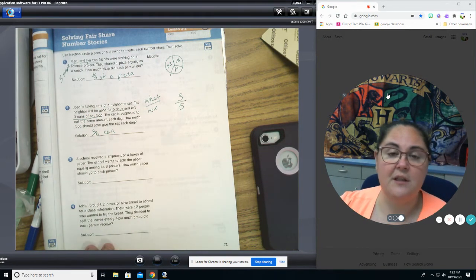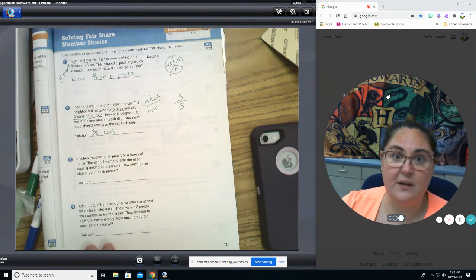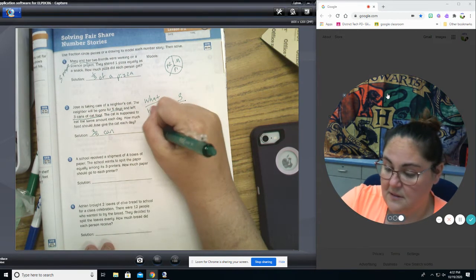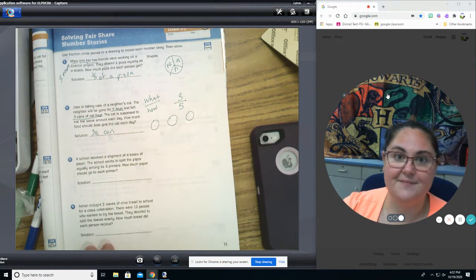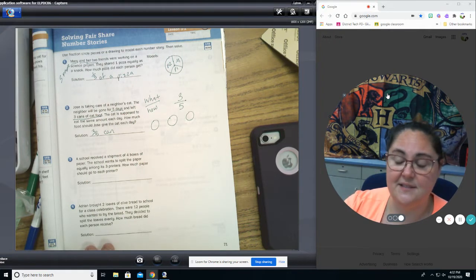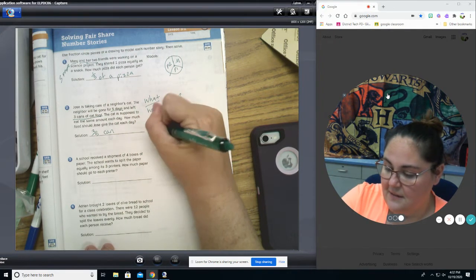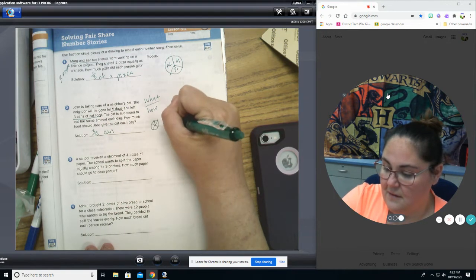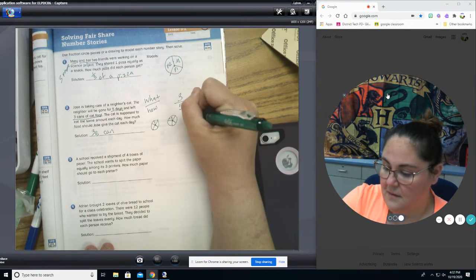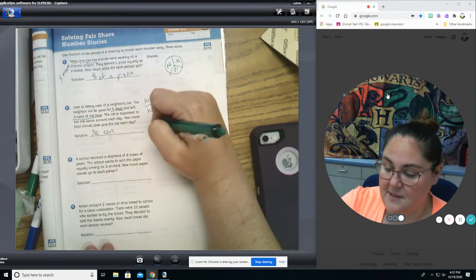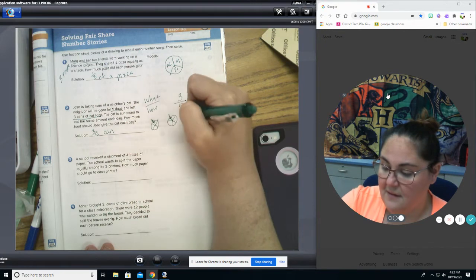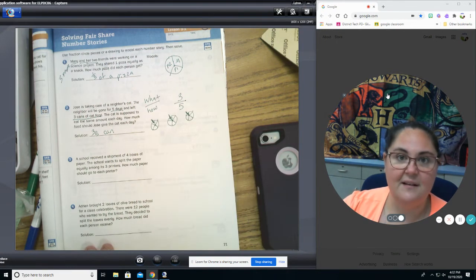Now, in order to draw the picture, you're literally going to draw your 3 cans. Can 1, can 2, can 3. And then I'm going to separate them into 5 because I have 5 days. Done. So that means that Monday, I get 3/5 of a can of cat food.